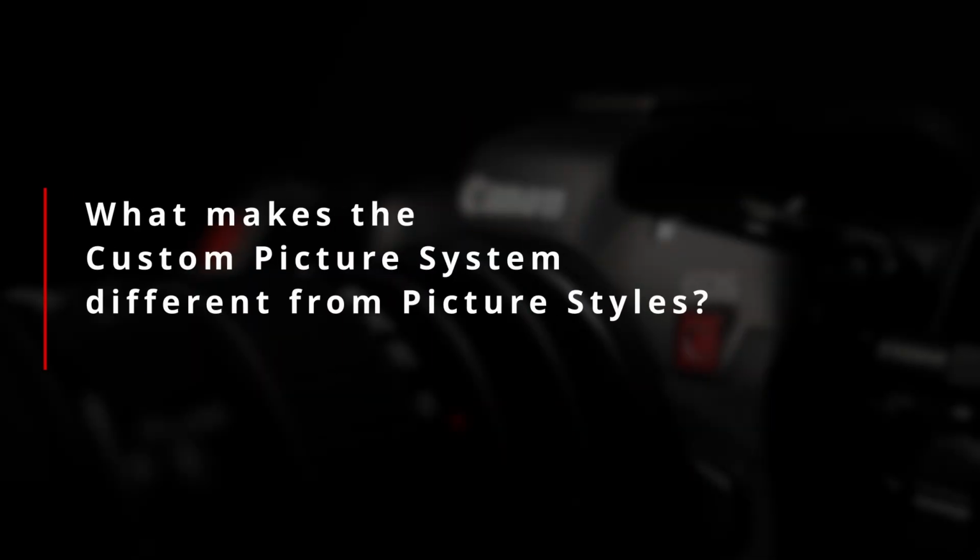With all of that said, what then makes the custom picture system different from the picture style system? Well, for me, this comes down to basically who the system was designed for, and as a result, the kinds of control you get over the image and how that control is expressed, so like what nomenclature is used and how it's designed to be used.